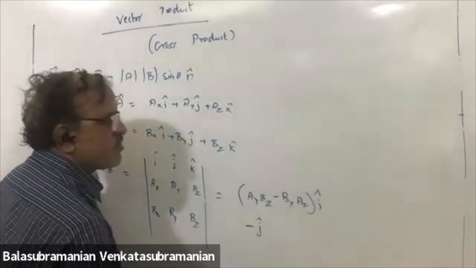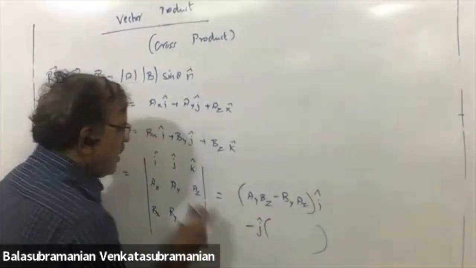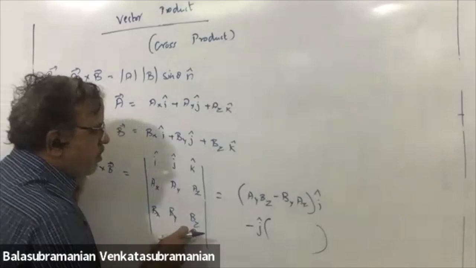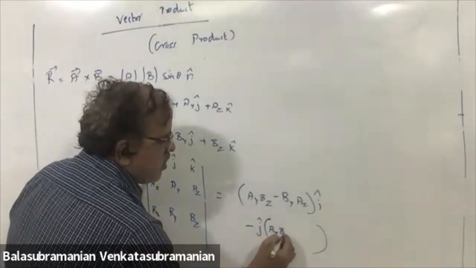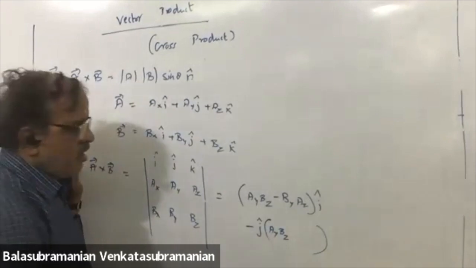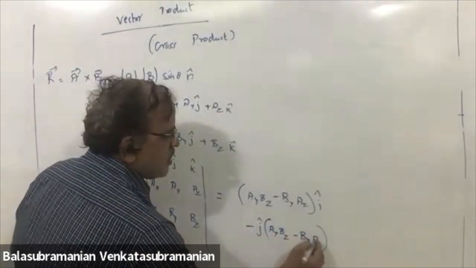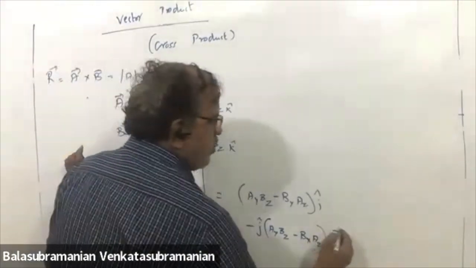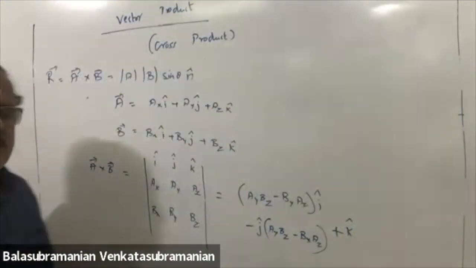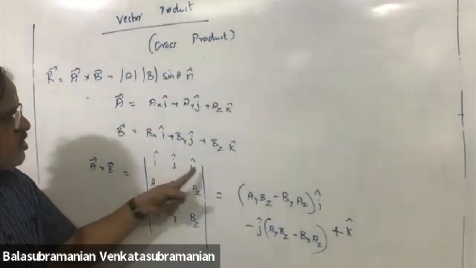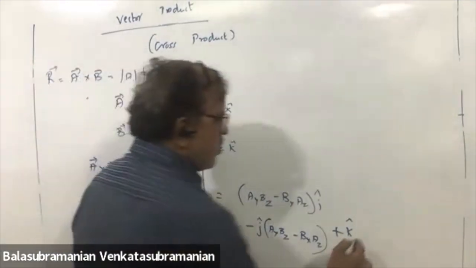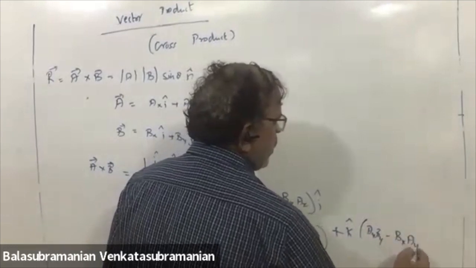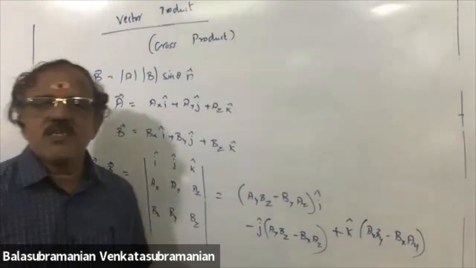Minus j cap: leave this column and this row, AX BZ minus BX AZ. And third, plus k cap: leave this column and this row, AX BY minus BX AY. This is the result.